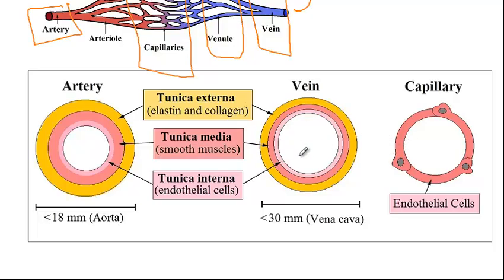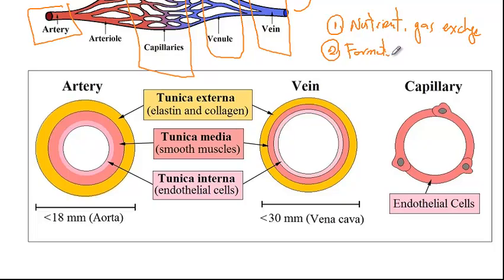The function of the endothelial cells is, number one, nutrient and gas exchange. They're also important for formation of new blood vessels, and they also activate the coagulation or clotting mechanisms.